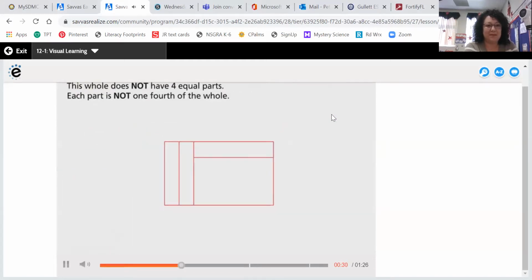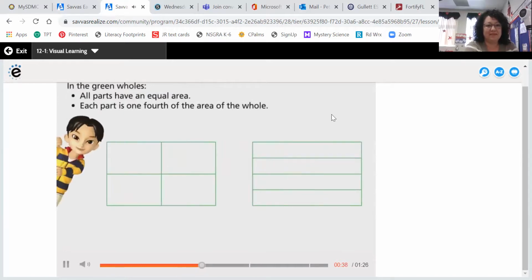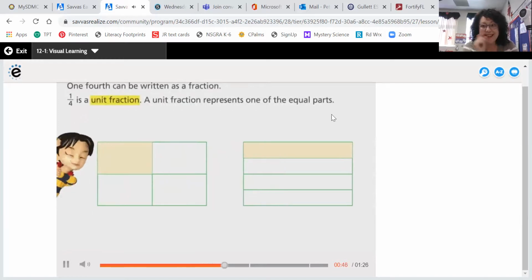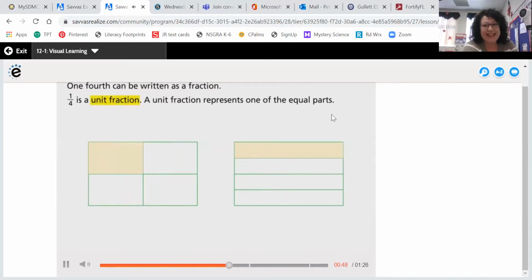This whole does not have 4 equal parts. Each part is not 1/4 of the whole. In the green wholes, all parts have an equal area. Each part is 1/4 of the area of the whole. Which can be written as a fraction, and is called a unit fraction. 1/4 is a unit fraction. A unit fraction represents one of the equal parts.